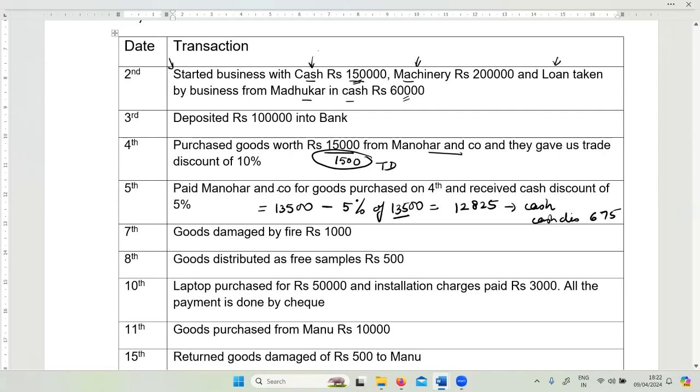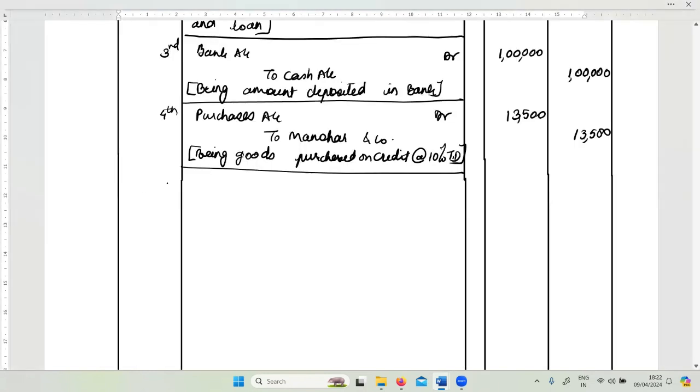It's Manohar and Company, the receiver. So on 5th, I'm going to write here Manohar and Company account debit 13,500, because I'm going to clear their account completely, but I'm not clearing it with cash. I'm clearing it with two things.